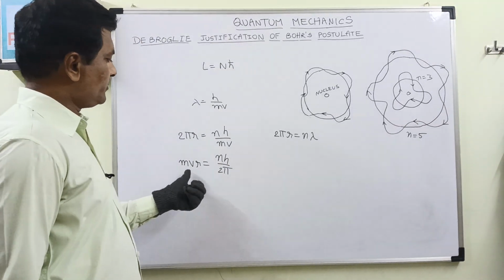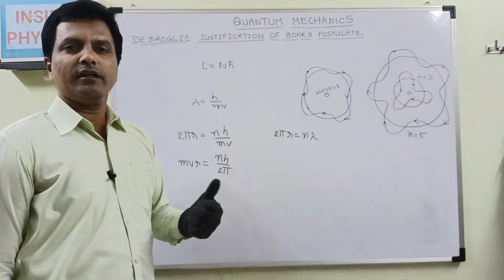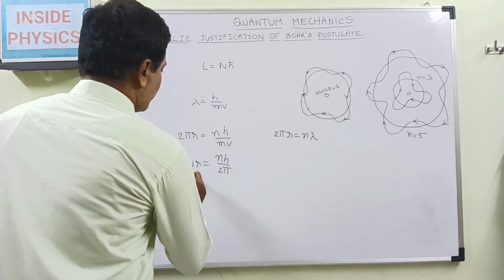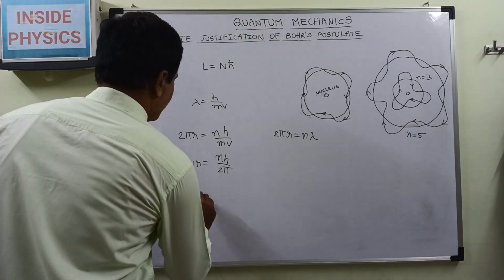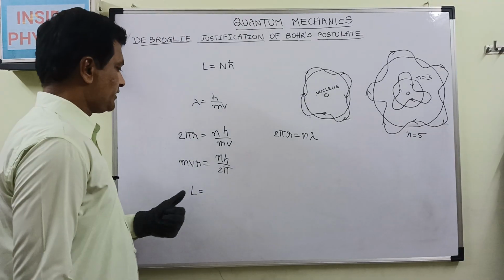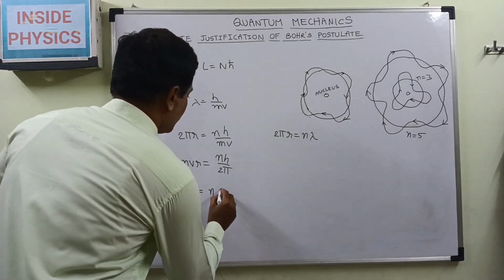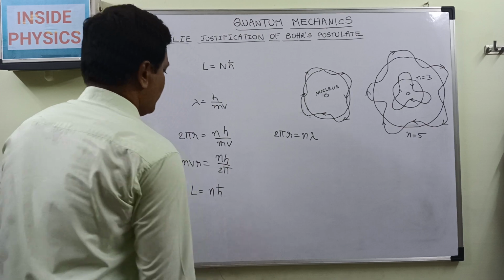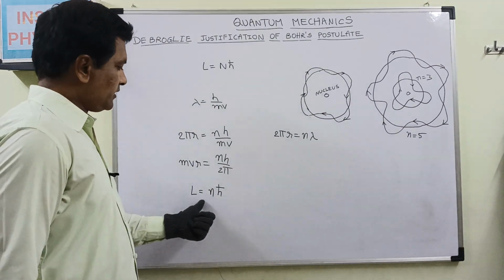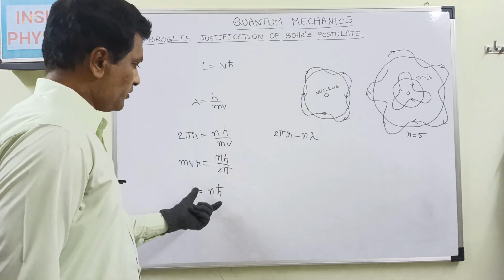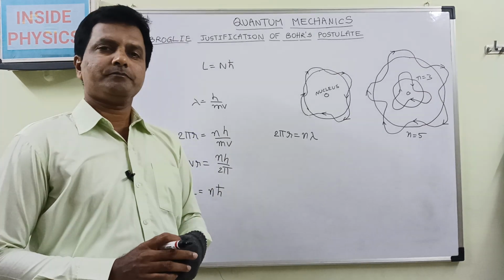We know mvr is the angular momentum of the revolving electron. So this is the angular momentum, which we represent with L, and n h by 2 pi we can write as n h bar. This is the Bohr postulate coming from the de Broglie hypothesis.